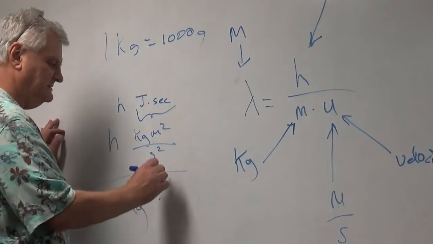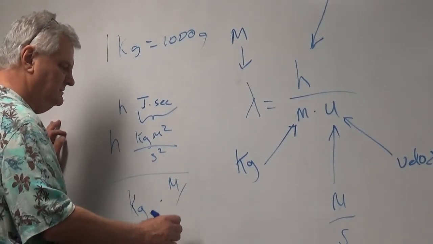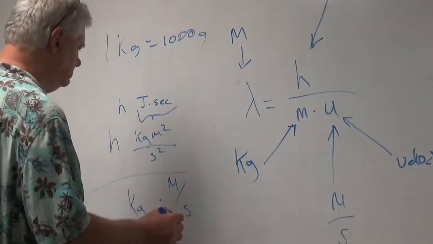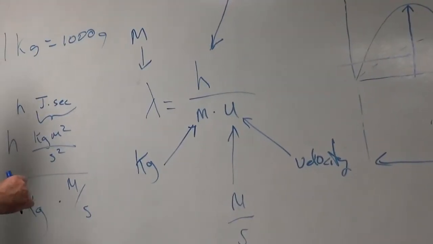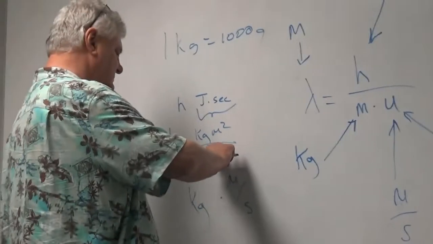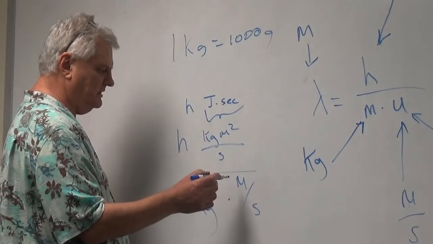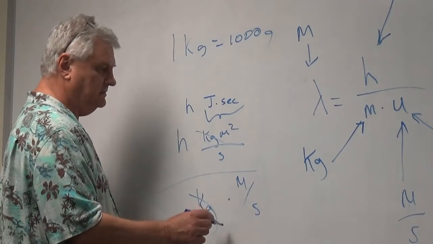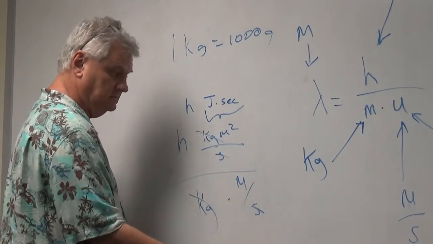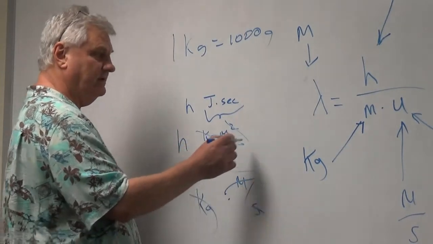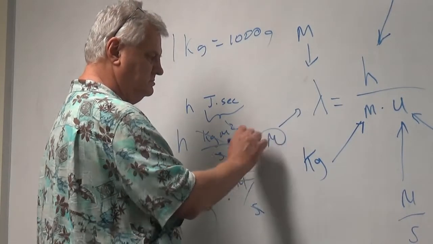Your velocity has to be in meters per second. I think this is kilogram meters per second. And so now you see the kilograms can cancel, the seconds can cancel, and one of the two meters cancel, and your wavelength will be in meters.